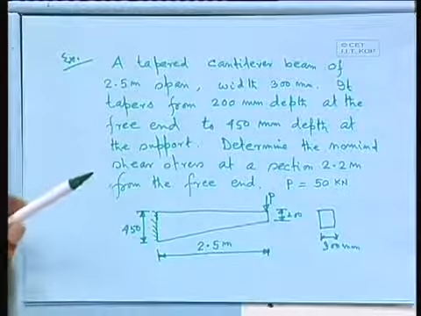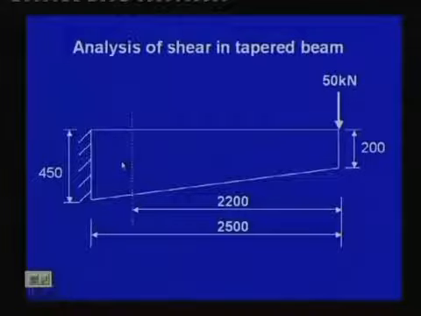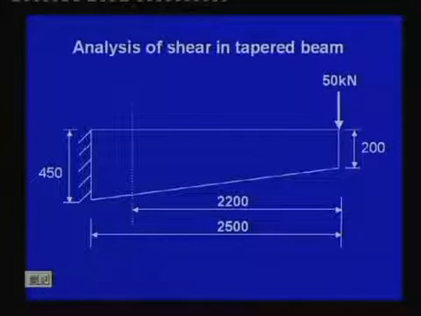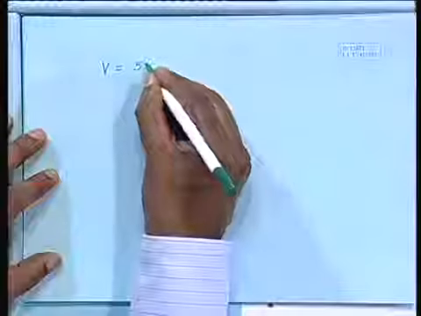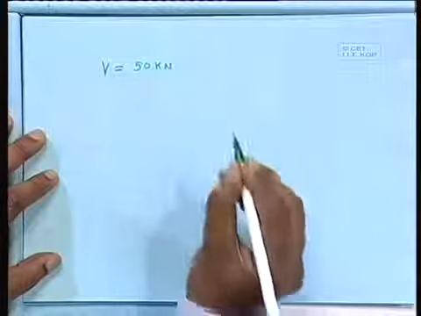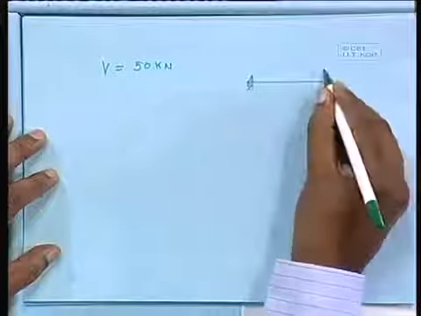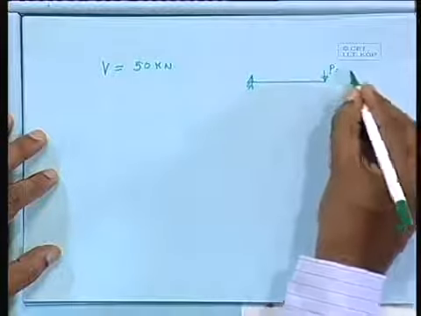So before going for design, you have to find out that V due to this varying depth. So V equal to how much? We are interested to find out, P equal to 50 kilonewton.